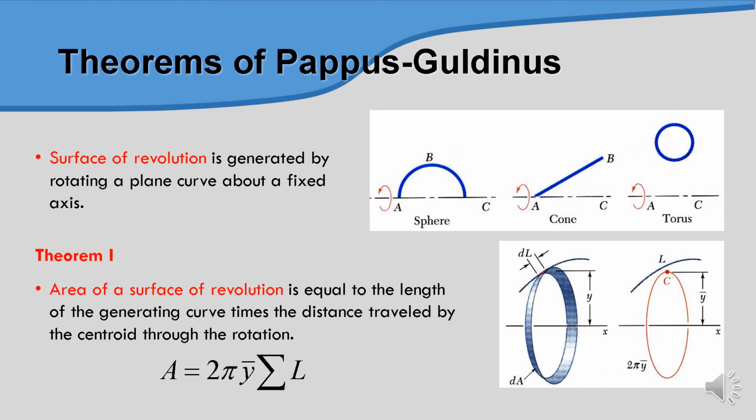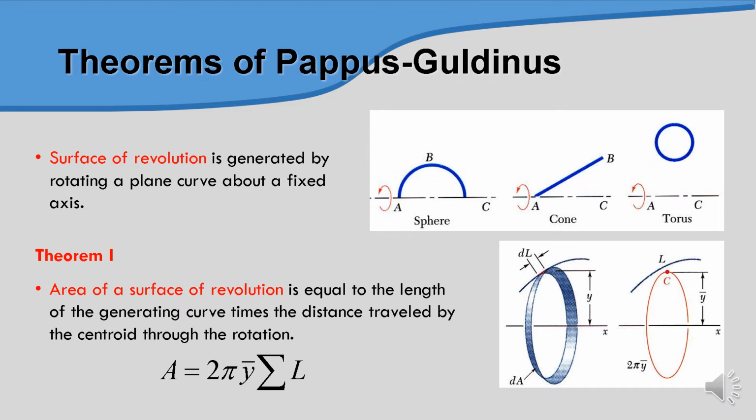In this theorem, which is theorem number 1, the area of a surface of revolution is equal to the length of the generating curve times the distance traveled by the centroid through the rotation.